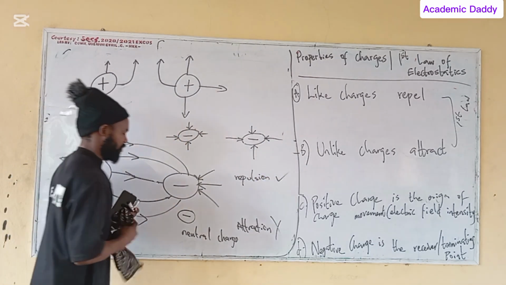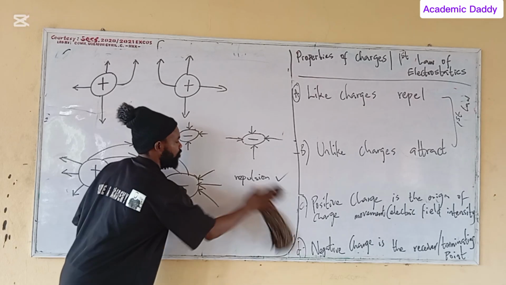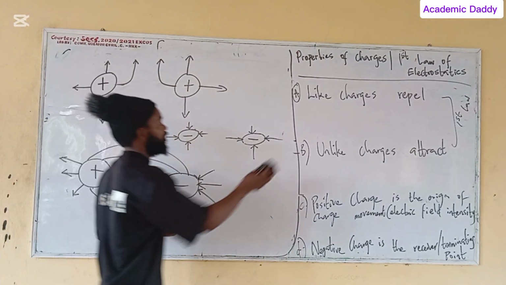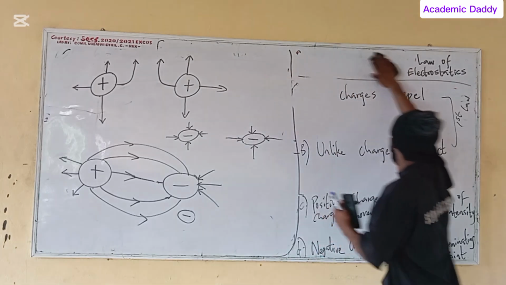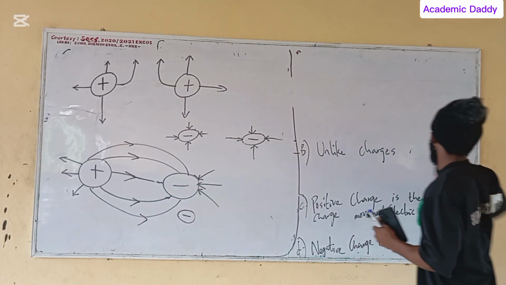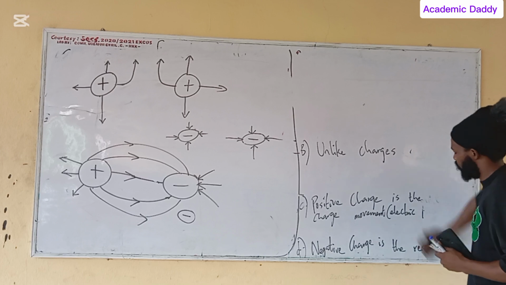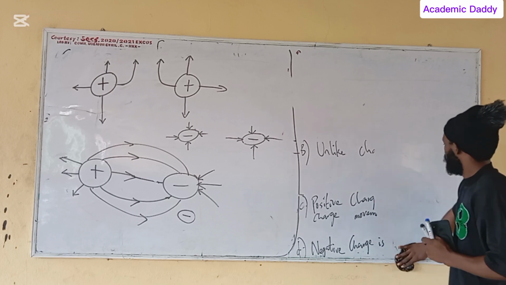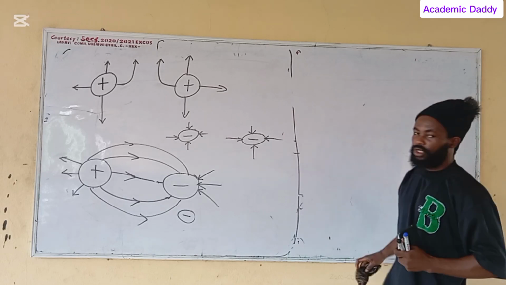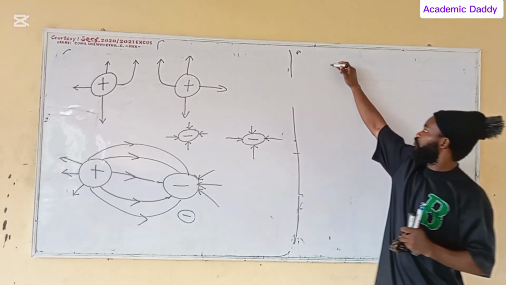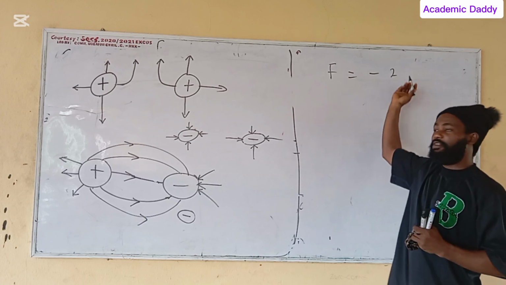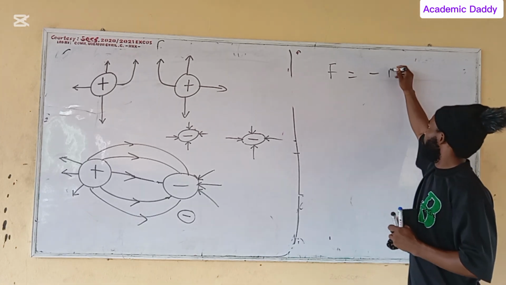So if I know that, you also need to know that anytime you solve during the course of this electrostatics or electric field or this second semester physics, electricity and magnetism, if in the course of your study you ever get your force to be negative, let's say you get -2 or negative anything, don't ever say that you are wrong.